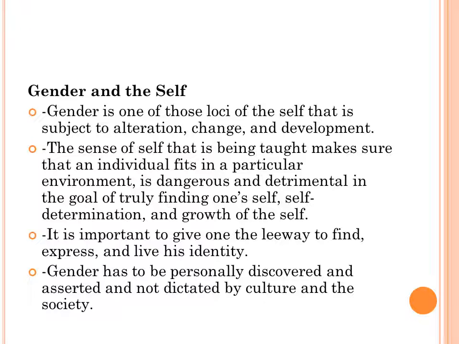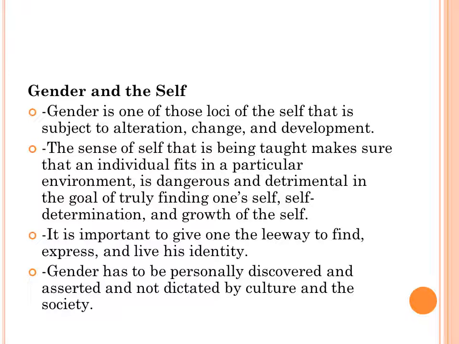So gender has to be personally discovered and asserted and not dictated by culture and the society. All right, so as mentioned in here by the book, gender is something that we can choose to. All right, others can choose and others cannot. Others don't want to. All right, that depends.